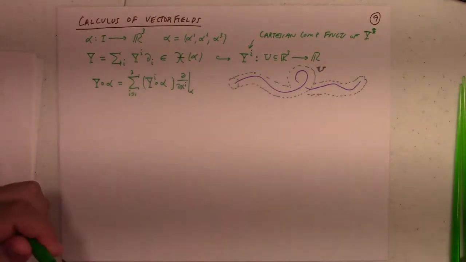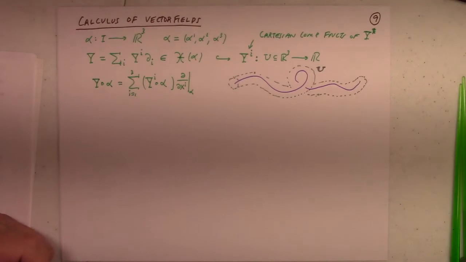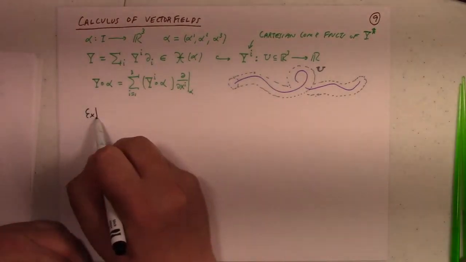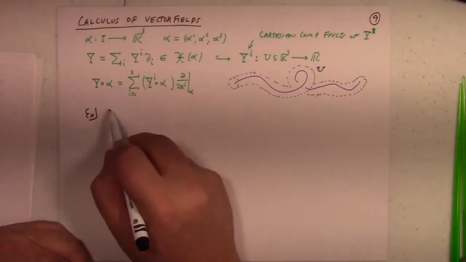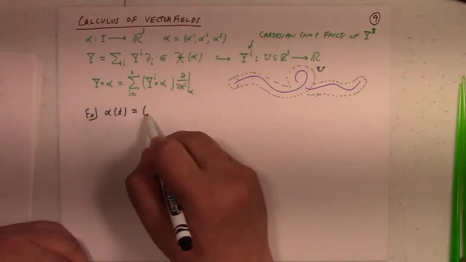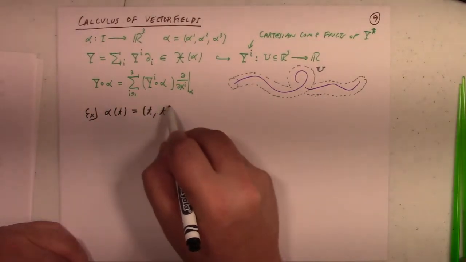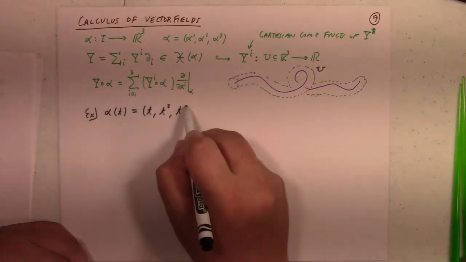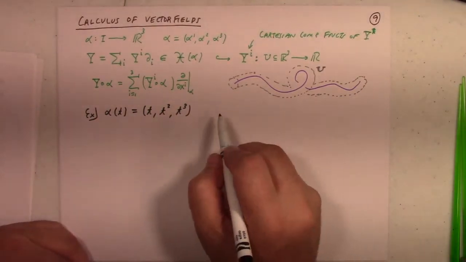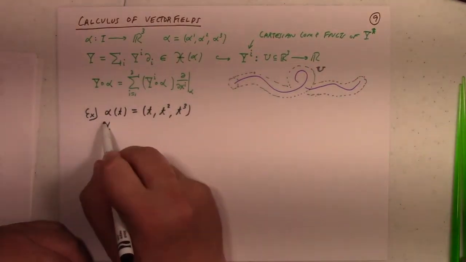Okay, so for example, an example, good example, well, I don't know if it's good, but it's an example. Alpha of t, and I'm not assuming anything about arc length parametrized or not. It could be anything. Here's the twisted cubic, one of my favorite examples, and here's a vector field I made up.